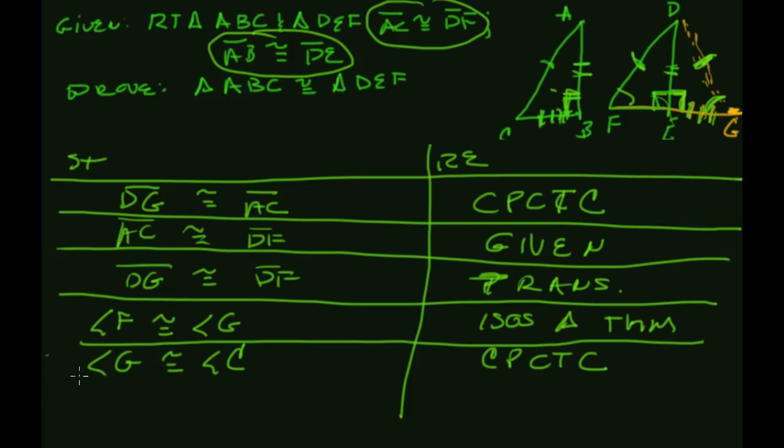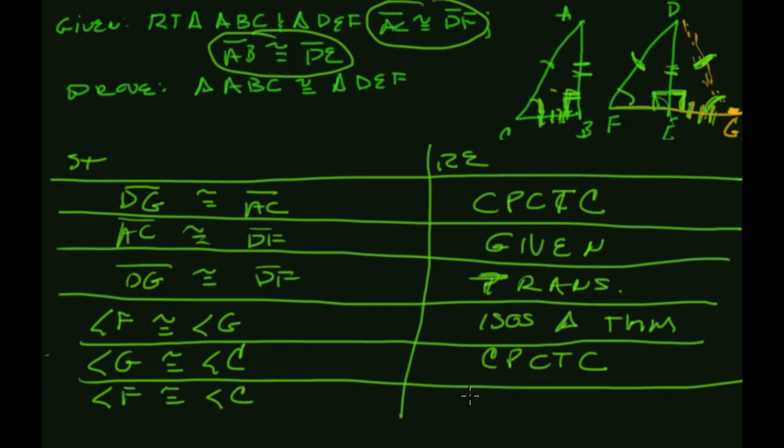So G and C are congruent. Well, if G is congruent to C, and we know that F is congruent to G, that means angle F has to be congruent to angle C. That's again the transitive property.